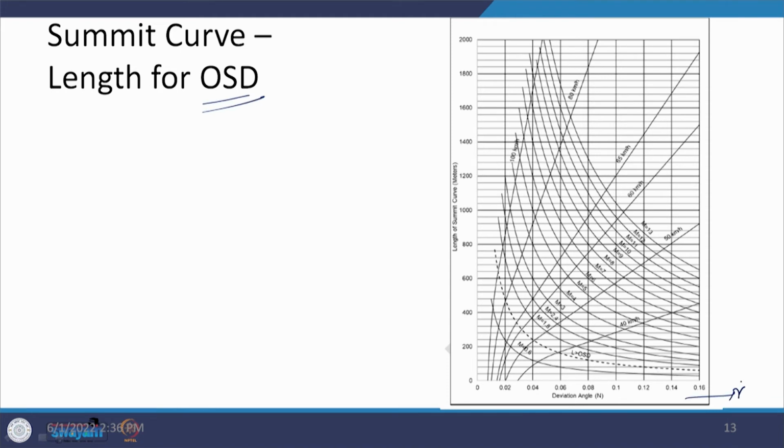We have N on this side, we have length on this particular side, we have the speeds here, or we have the ordinates in these cases, and then again we have a dotted line, and this dotted line says that if you are on this side then it is the greater than condition, if you are on this side then it is the less than condition, and that is how you are going to get the values of OSD. So, you can directly borrow the values from these particular curves which have already been specified.